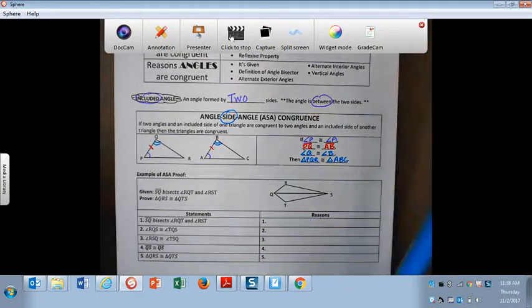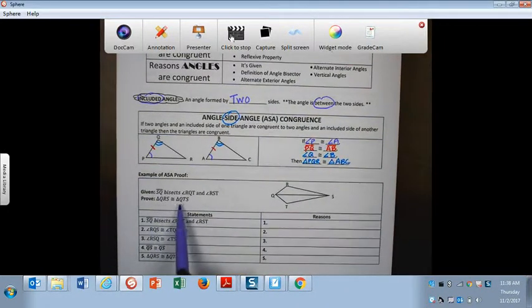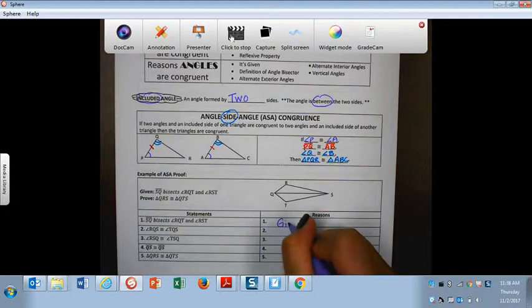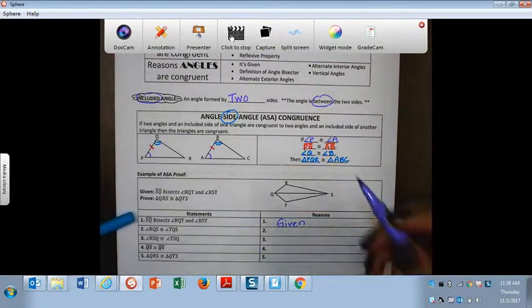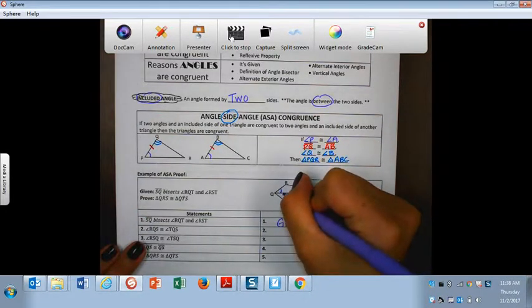Here's your given, and this is what we have to prove. SQ bisects angle RQT and angle RST. That's given. So angle RQT is bisected, cut in half. I'm going to mark this.